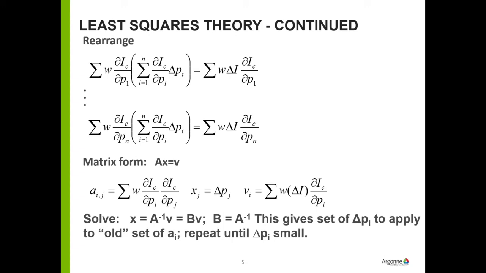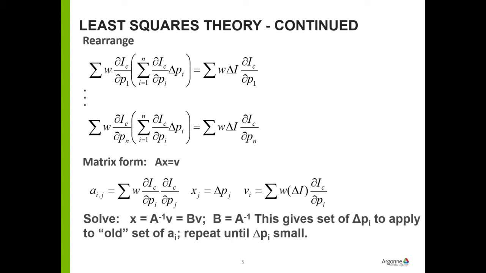So if you rearrange it, you would then wind up with a set of equations, one for each of the parameters. And so this can be used to describe basically a square matrix, which involves these terms here, which is the product of the derivatives of the points with each of the parameters. And so then, since you can do that, there is this matrix form, which is AX equals V. And what you're interested in are the X's, because that's the shifts in the parameters.